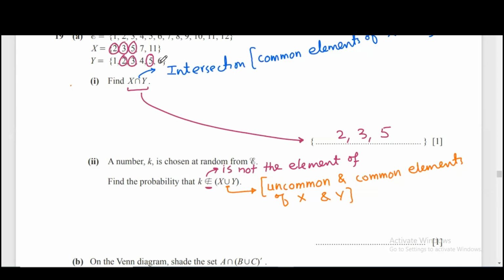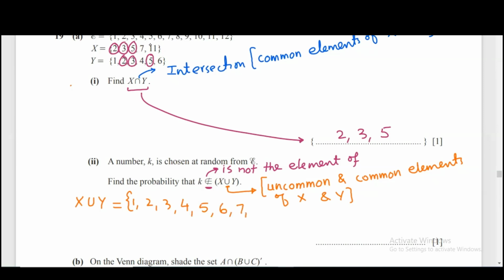So I'm going to write first X union Y. X union Y is the set of common and uncommon elements of sets X and Y. 1 is uncommon, 2 and 3 are common, 4 is not a common element, 5 is a common element, then 6 uncommon, 7 uncommon, and 11 uncommon.